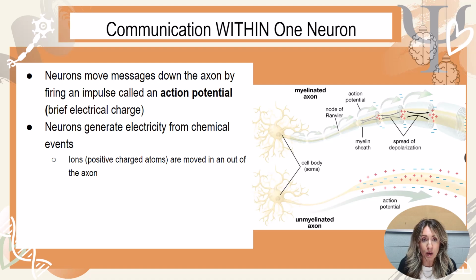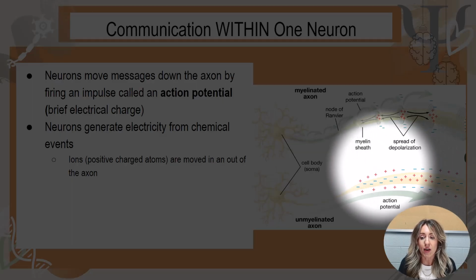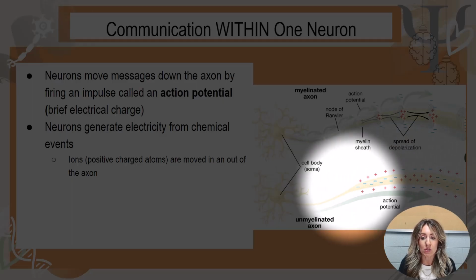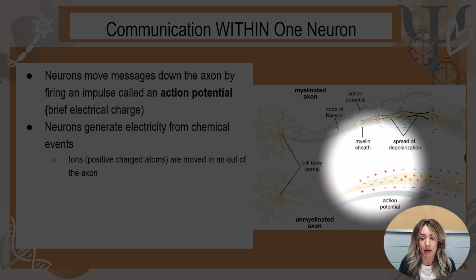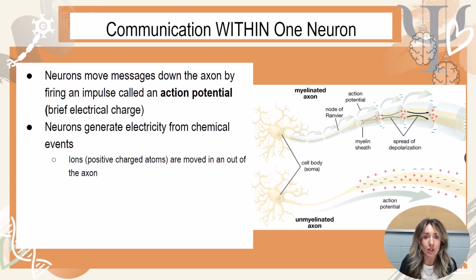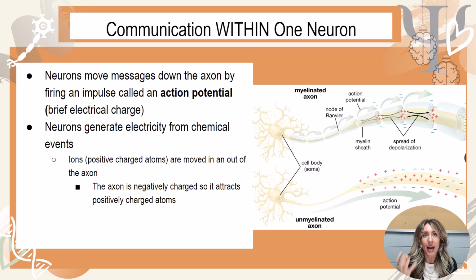If you take a look at this picture, you will see that when you're looking at either a myelinated or non-myelinated neuron, you have the positive charges outside and negative charges inside. This is where the neuron is at normally. What we know about electricity and the way charges work is that because the axon is negatively charged, it attracts those positively charged ions, and that movement of ions in and out of the cell is what creates the electrical charge and moves it all the way down the axon.